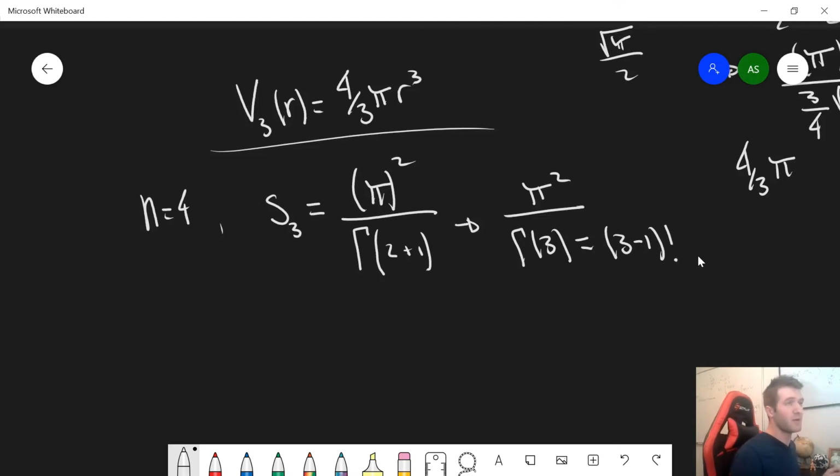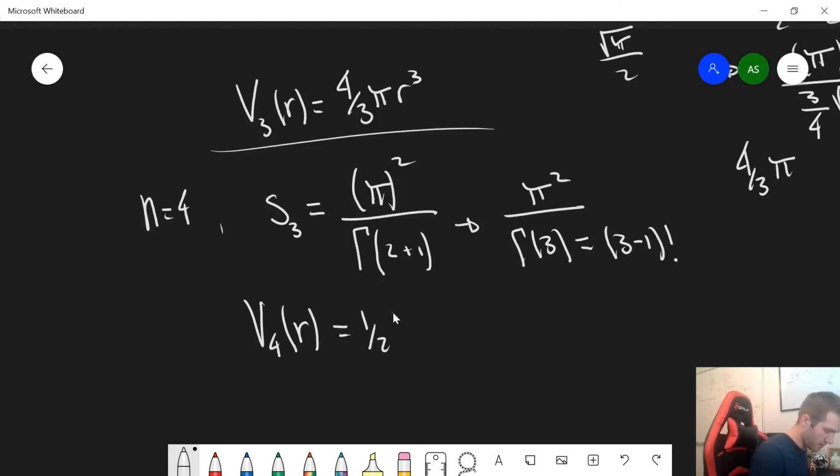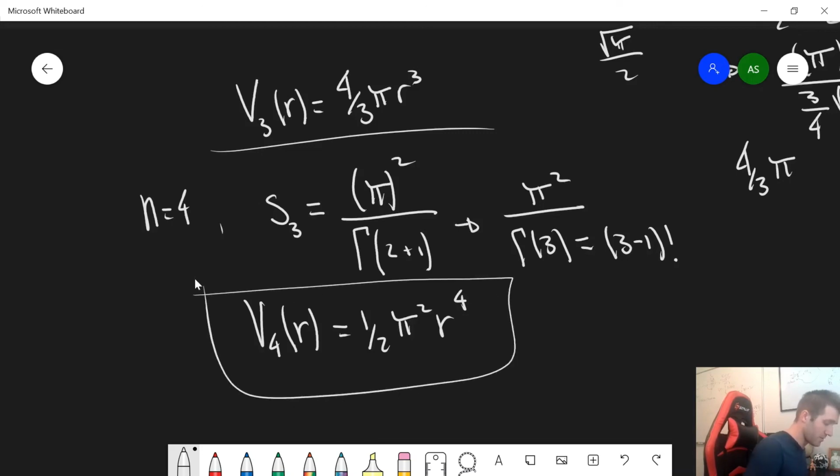So 3 minus 1 factorial is just 2 factorial, which is just 2. So therefore, the volume of our 4-dimensional sphere, or our 3-sphere in 4-dimensional Euclidean space, is simply V as a function of r equals 1/2 pi squared times r to the 4th power. And that is the volume for our 4-dimensional sphere.